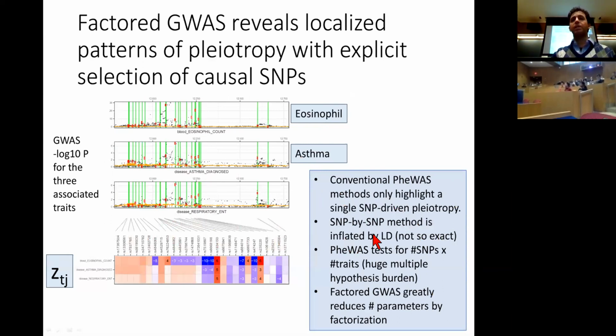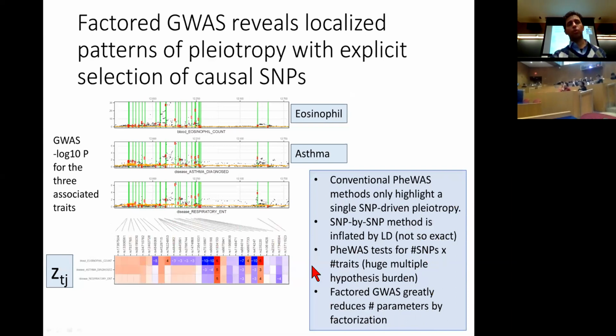SNP by SNP methods would be inflated by LD, and they would not be so exact. The PheWAS tests would have a huge multiple hypotheses burden, because you're testing every SNP against every trait. Whereas factor GWAS dramatically reduces the number of parameters using this factorization approach.